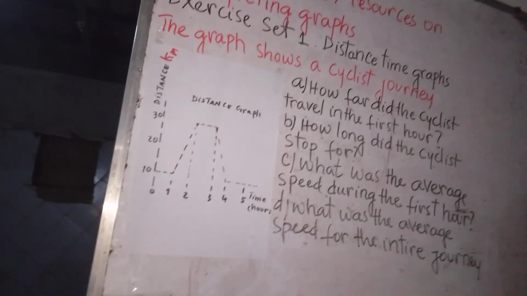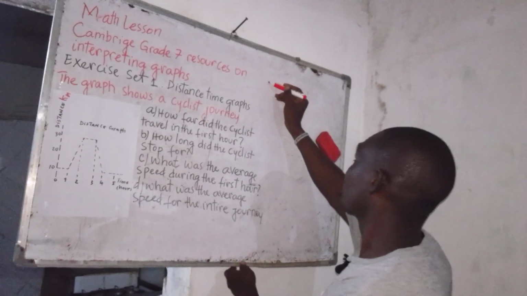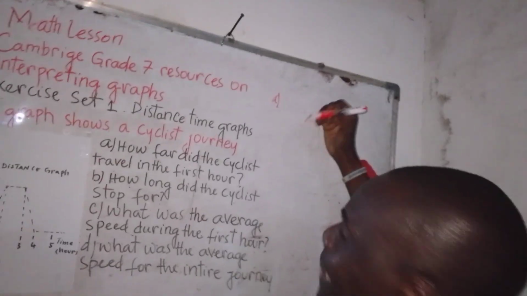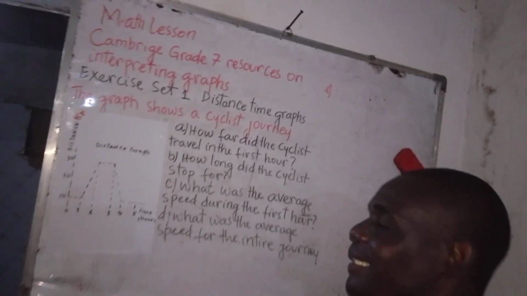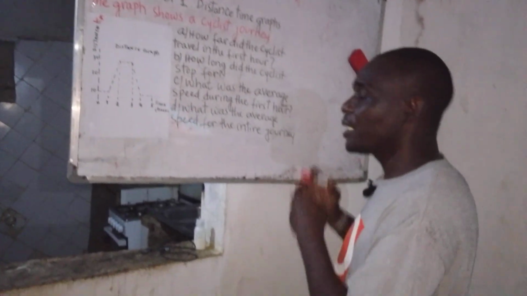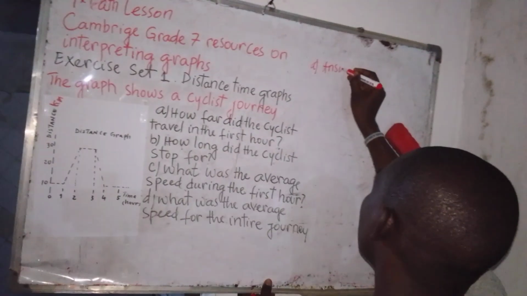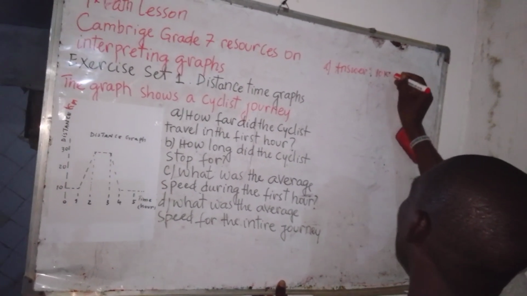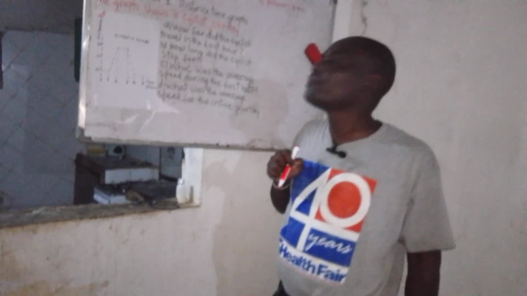Then for the question on line A, we say the cyclist covered 10 kilometers in the first hour. So the answer is 10 kilometers. Done for line A. We go to line B.